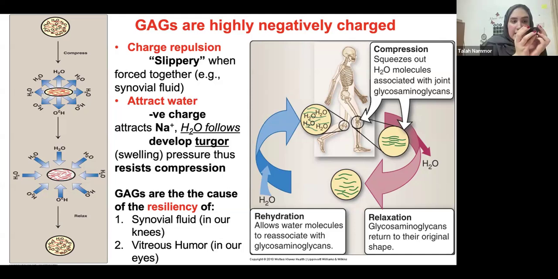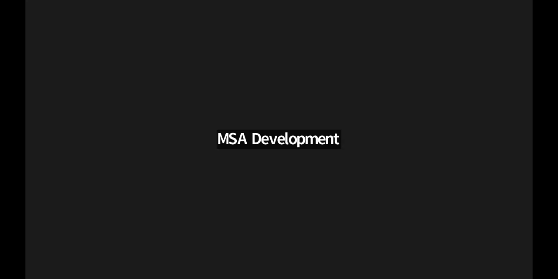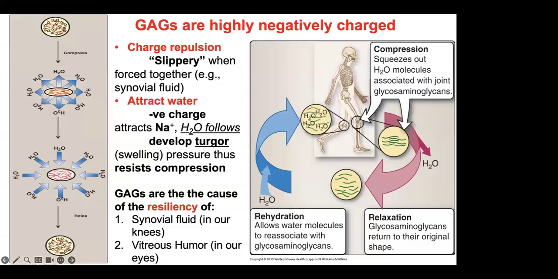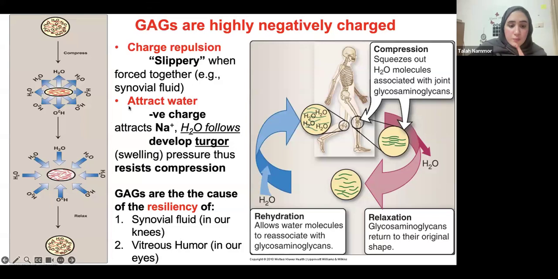This skeleton is walking, the compression. Okay, so look at the skeleton as this person is walking, all right? You can see how the water is going to be squeezed out. The glycosaminoglycans are going to be pushed together.